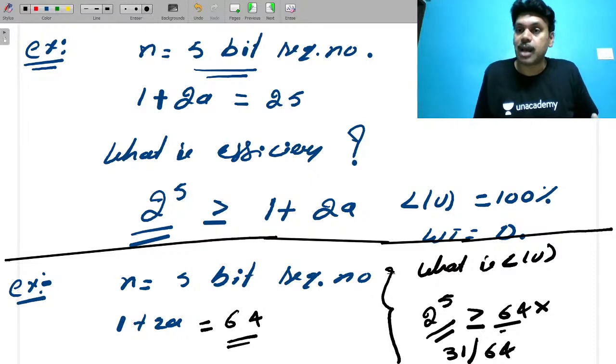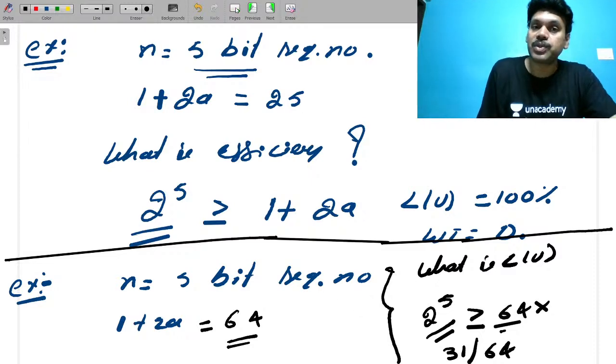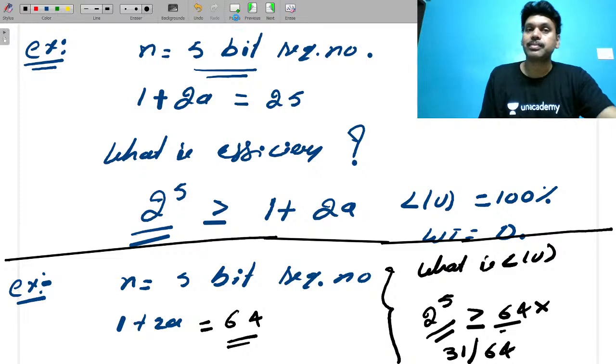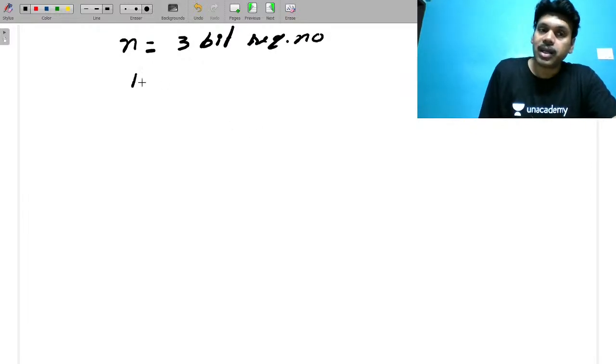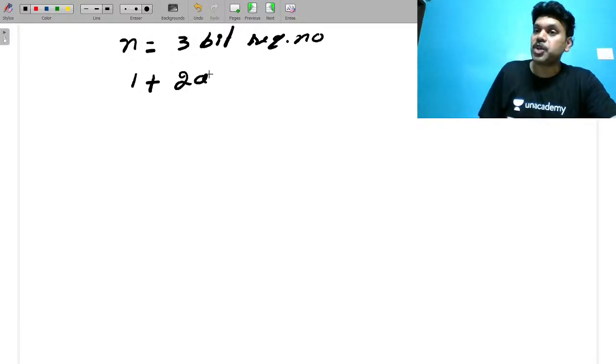So why is that happening? I will give you a proof. Observe. I am saying n is equal to a 3-bit sequence number, right? Your 1 plus 2a, that means the time for data to go there and get acknowledged, is 1 plus 2a, which is nothing but 8.